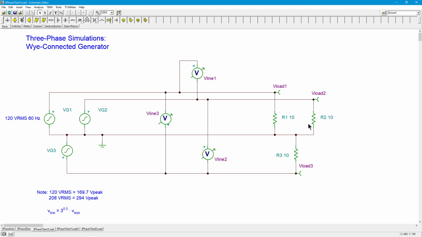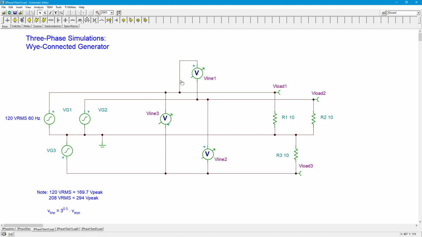Or we're going to do a transient analysis, so obviously we're going to see peak voltages. This is another one of those issues. So the peak, 120 volts peak, like we said, is just a smidge under 170 volts. So if I want to figure out what the currents are, I would take that 170-ish volts, divide by the 10 ohms, and we'd be looking at about 17 amps of current flowing through each one of these legs. All right, great.